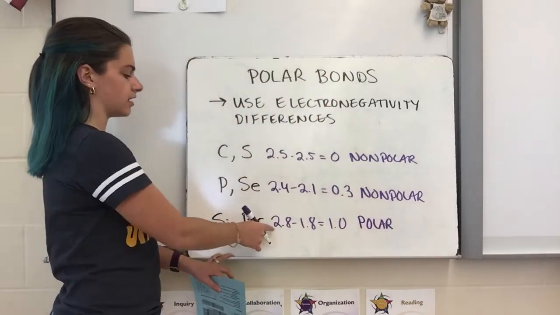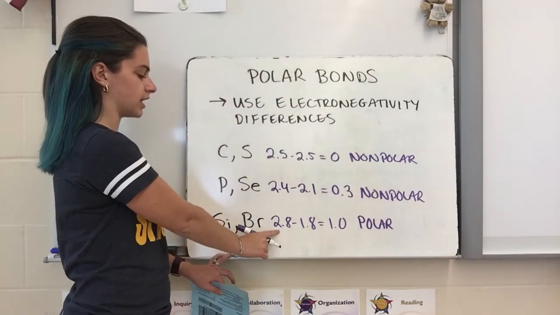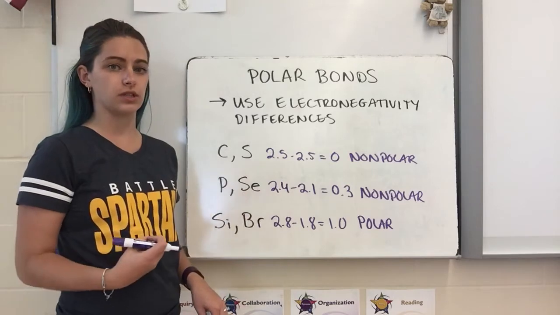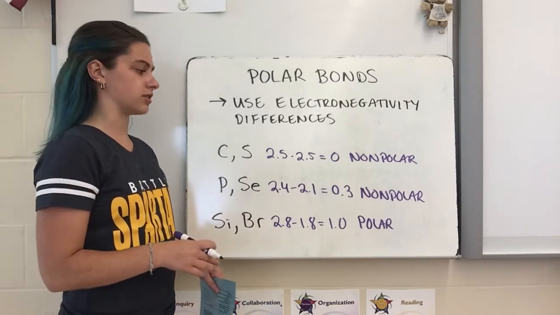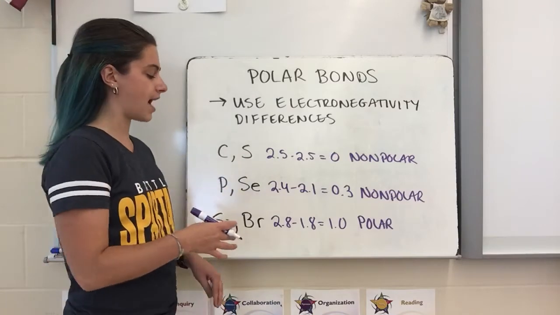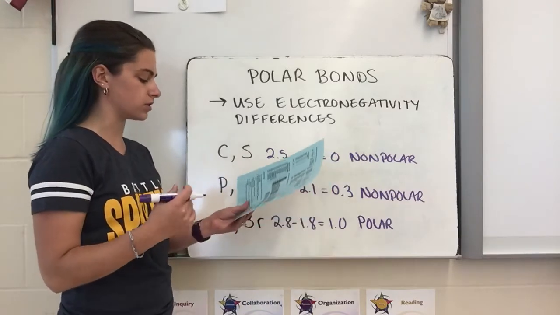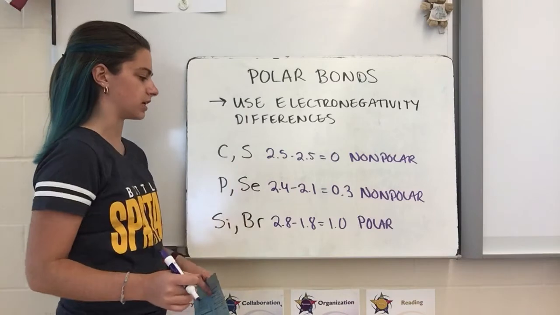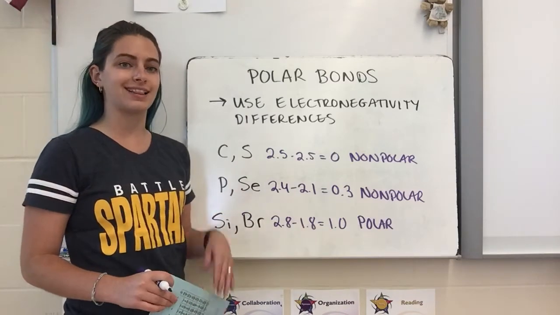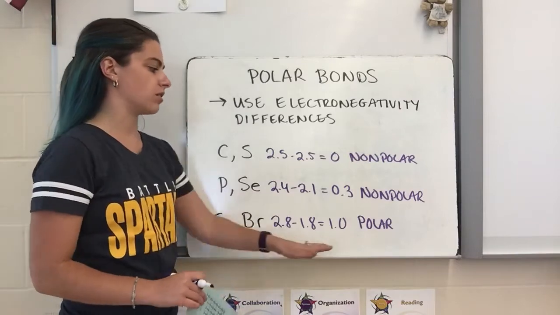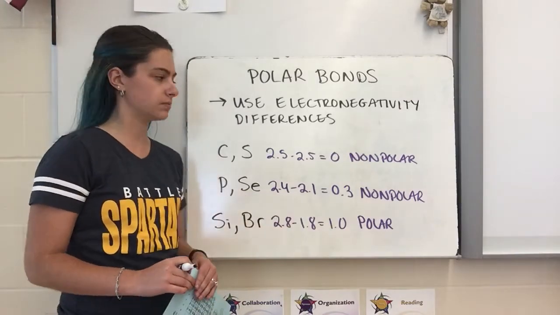What that means is the atom with the greater electronegativity value is going to pull more on those electrons. So it's going to be an uneven distribution of the electrons. They're not going to be right in the middle of that bond. They're going to be pulled closer to bromine, since bromine has the greater electronegativity value. If your difference comes out to exactly 0.5, then it is also considered a polar compound.